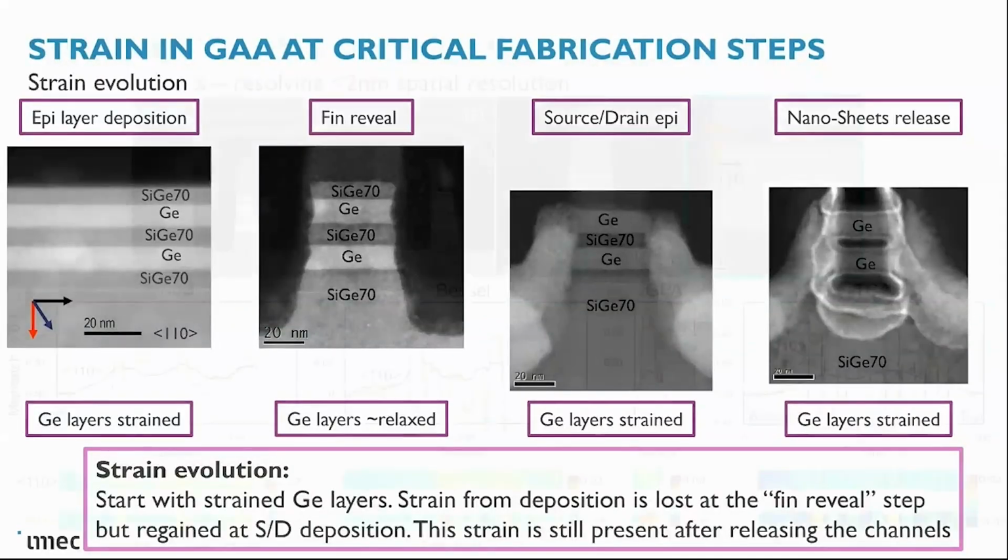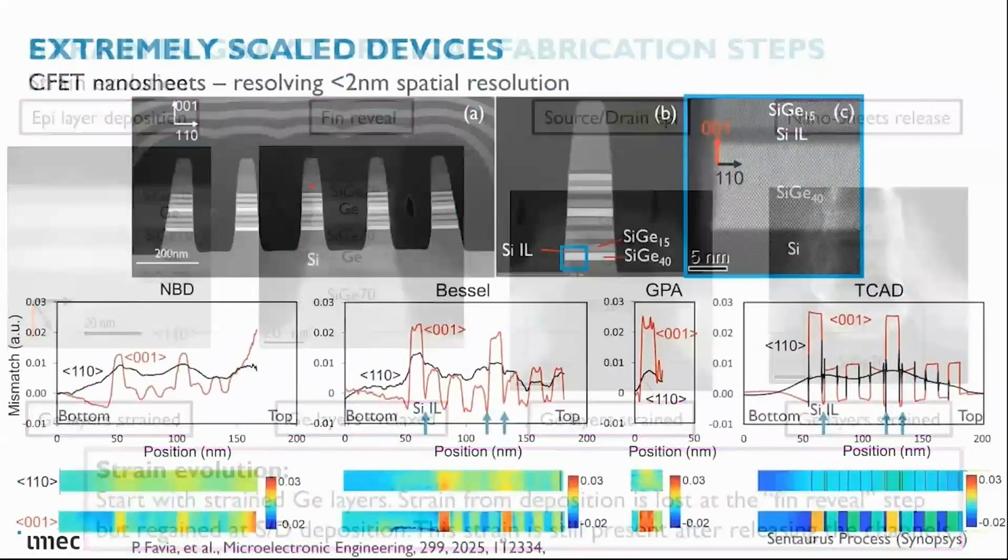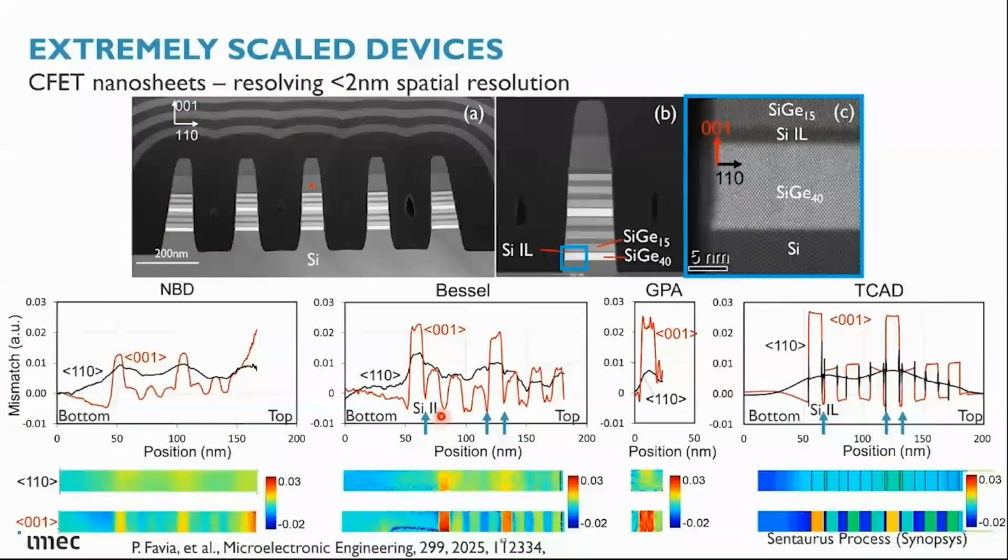I just want to show you in this slide a comparison of the nanobeam diffraction, Bessel diffraction, and geometric phase analysis with the TCAD simulation. The intention here was to resolve the silicon interfacial layer between two silicon germanium layers.